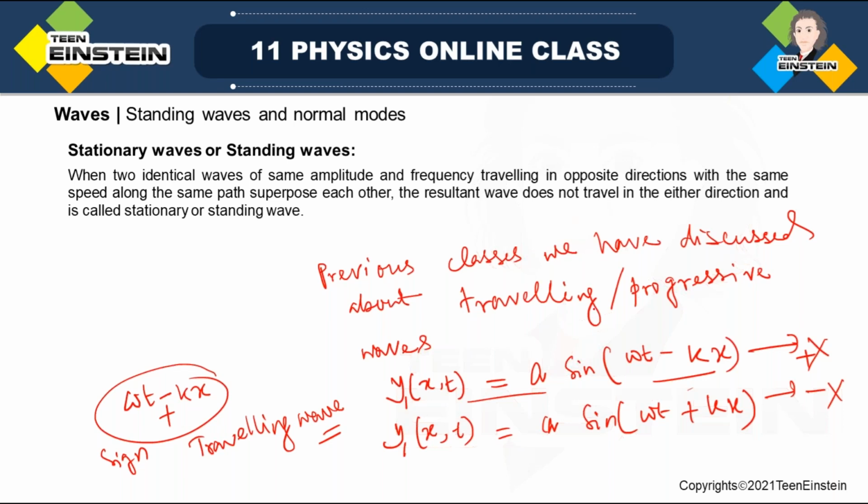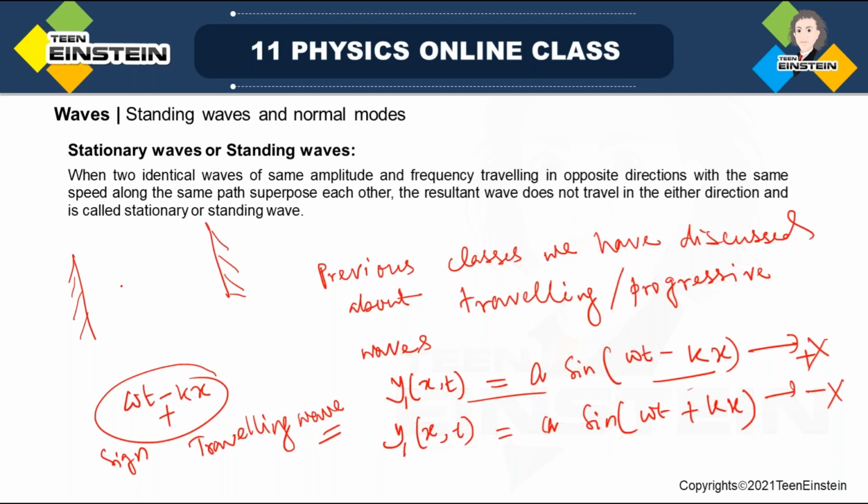So we have discussed traveling or progressive waves in the previous classes. Today we'll discuss the standing wave or stationary wave. That means in a particular region of the medium, the waves will be confined; they will not move on either side. So you must have two boundaries for the wave to be created.